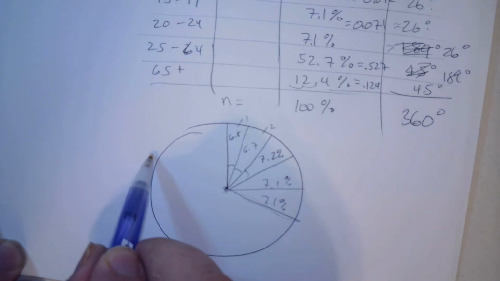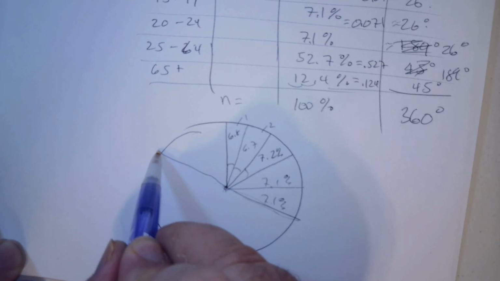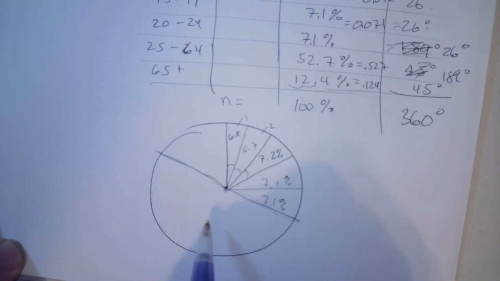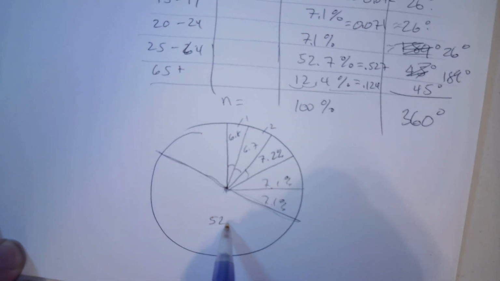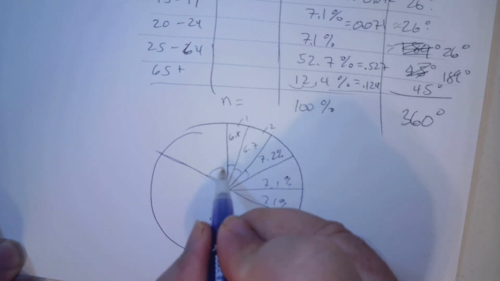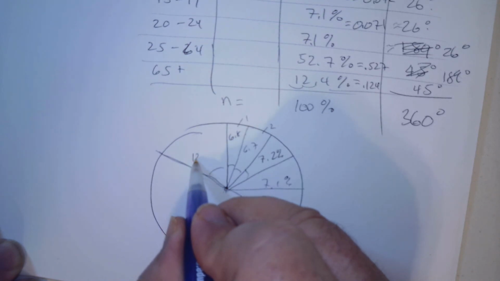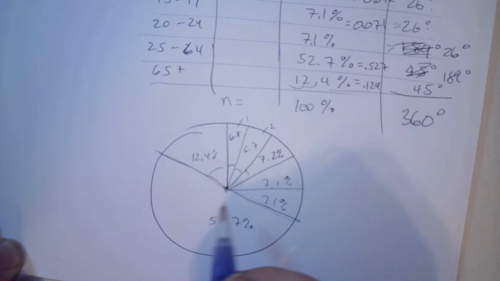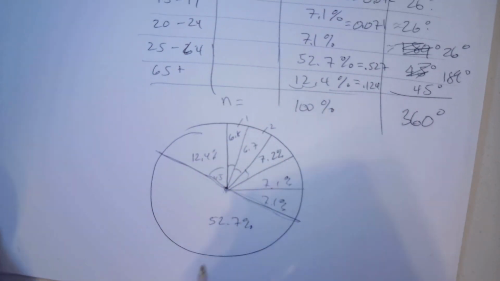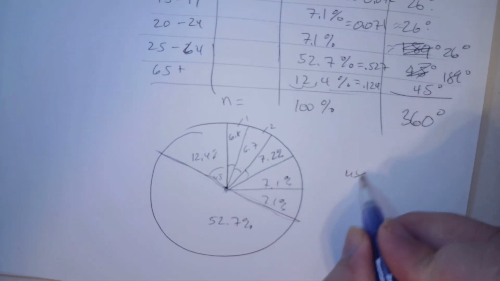So there's 180, so 189 degrees is approximately there. So this is 52.7%. And what you should have left is 12.4%, which is 45 degrees.